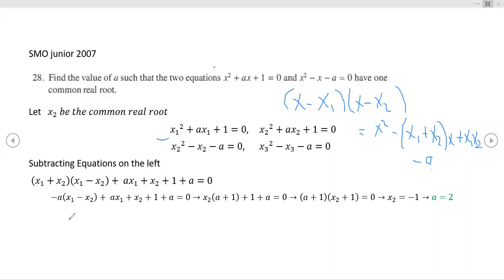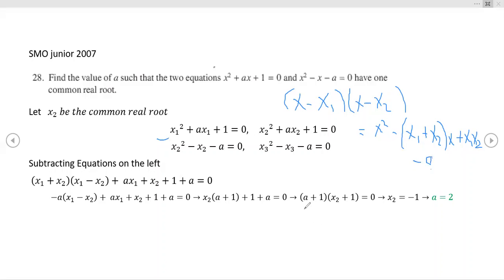You can see that the minus a x1 is going to cancel with the plus a x1, and then you have a x2 plus a x2, so you factor that out and get this much simpler expression. Now at this stage, this is just factoring. A plus 1 is common to both of these terms, and so we end up with this factored binomial here.